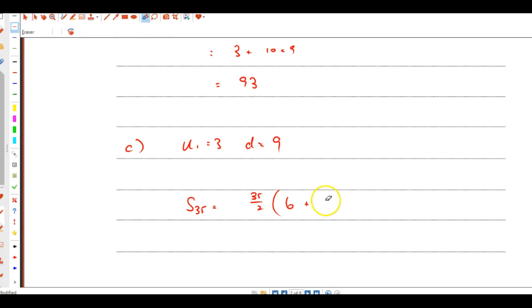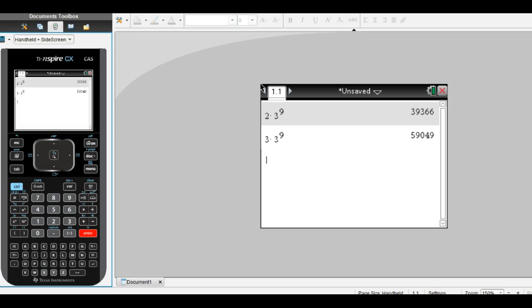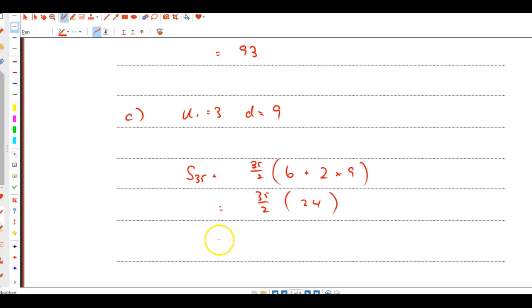So n minus 1 is 34, times 9. Sorry, let me fix that. So it's 35 over 2 by 24. 2 9s are 18, plus 6 is 24. 17.5 times 24 is 420. So that's our sum, 420.